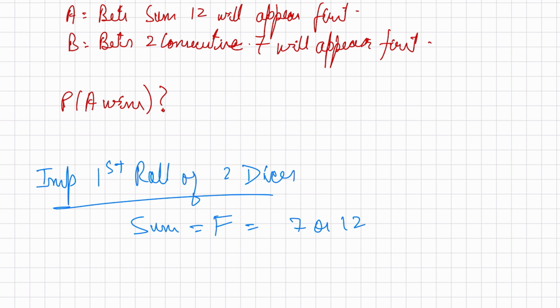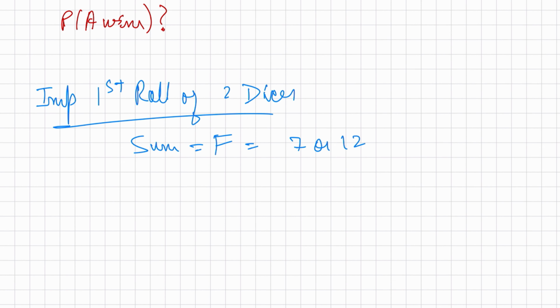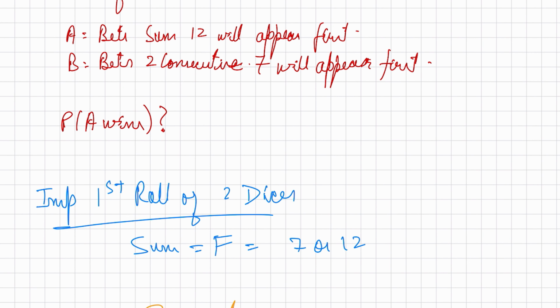This is something very important which I wanted to mention again, because let's say you got a 7 and then you got another number, say 4. Now player A doesn't win, and the chances of player A winning don't get influenced at all, because player A needs a sum of 12 in the dice roll, and it should appear first.